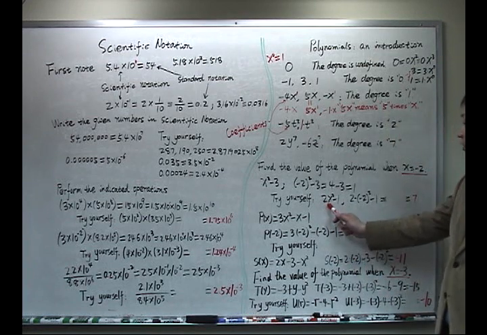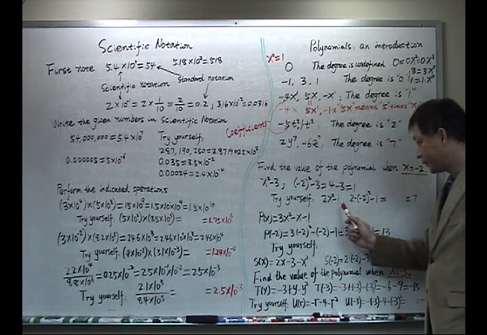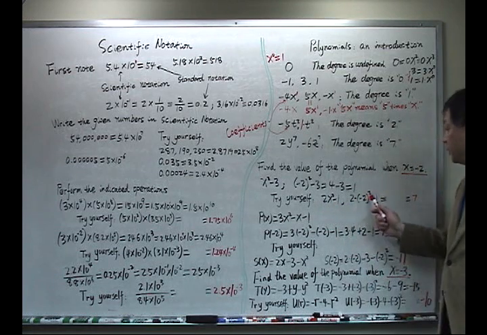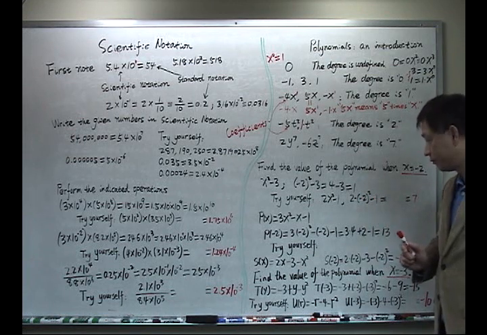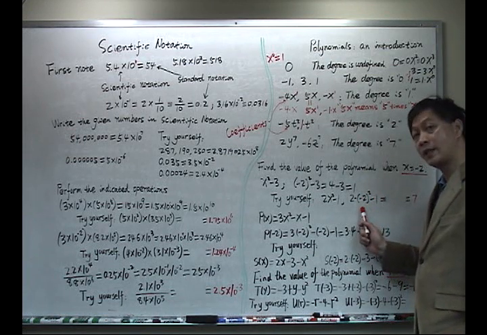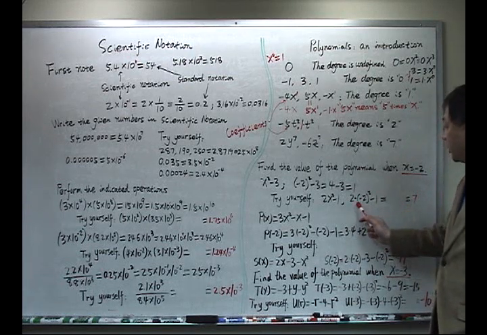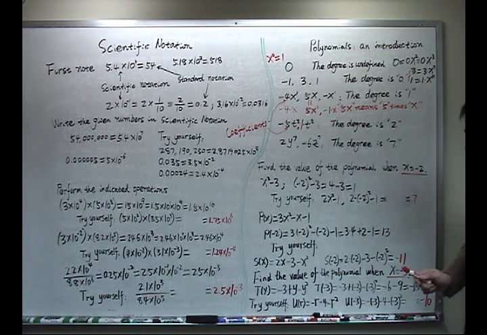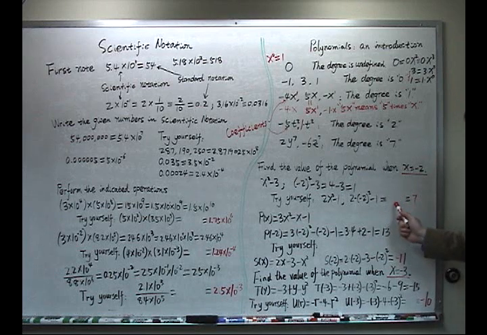Then we say this is also a binomial. Plug in negative 2. We have 2 times negative 2 squared, the whole thing on negative 2. So negative 2 times negative 2, you get negative negative, which is positive. So that would be 2 times positive 4 minus 1. That's 8 minus 1, which gives us 7. So you do this one yourself. Fill in the middle steps.